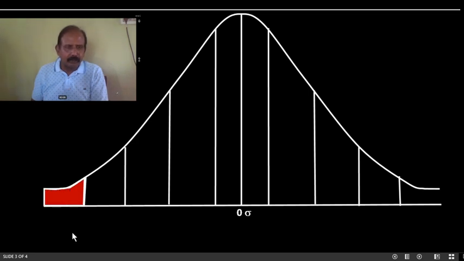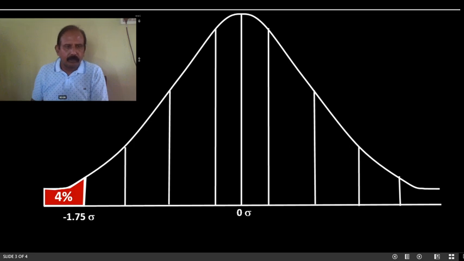At the left side of the curve, 4% of all the observations are lying. The values of these 4% of the observations are the lowest in the entire data set, and they are found before minus 1.75 sigma.